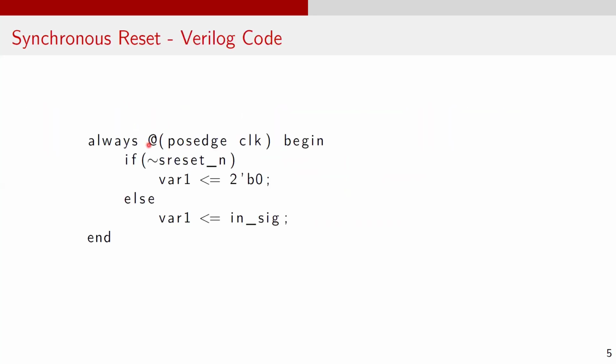This is a Verilog code where we have a synchronous reset signal. At the positive edge of the clock, the reset signal is checked, and if it is 0, var1 is set to 0. In general, synchronous resets are preferred unless the specific circuit demands an asynchronous reset.